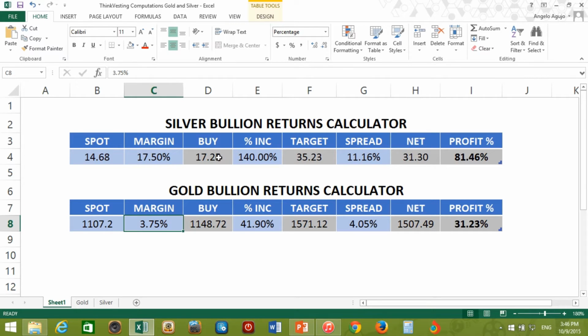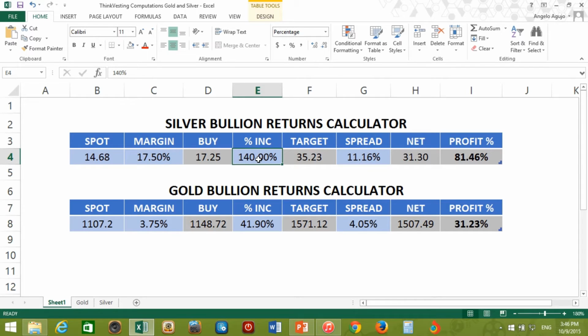Given that margin, this is what you would need to pay in terms of a retail price for gold and silver. And then I compute a percentage increase based on the target prices, the average price of silver for 2011 and the average price of gold in 2011.